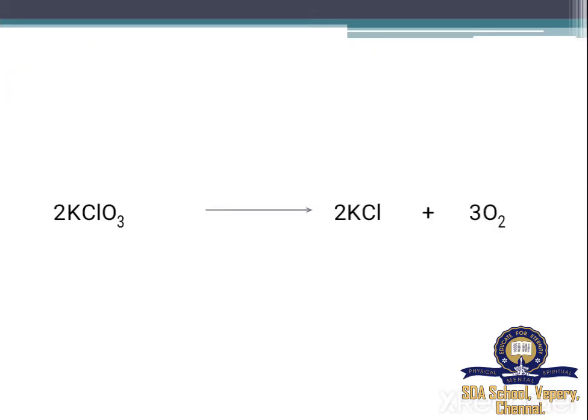Let me show you one example. So, what is this? This is a balanced chemical equation, right? Apart from the reactants and products, now what do you see? Yes, it has a temperature above the arrow and one more substance below the arrow.